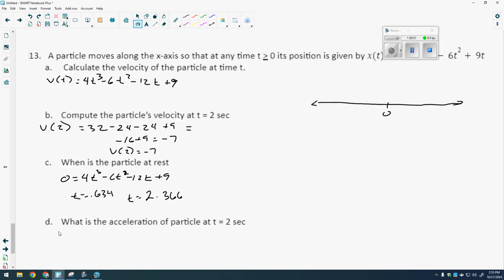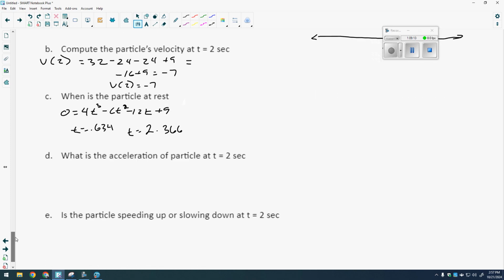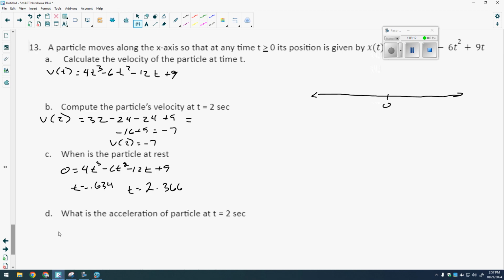All right, so when is the acceleration? Oh, sorry, that was question D. Question D, acceleration of the particle. Take the derivative of my velocity. So the derivative of velocity gives me 12t squared minus 12t minus 12.